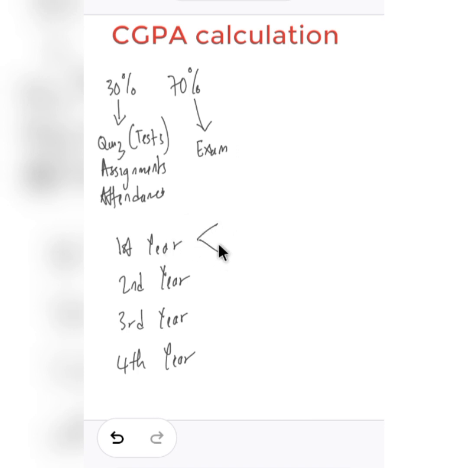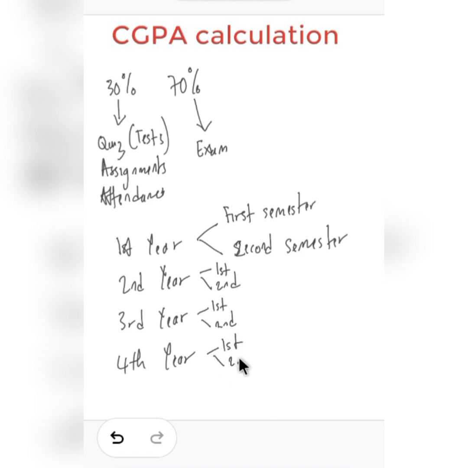Each year is divided into two: the first semester and the second semester. Same goes for second year, first and second. Now, when you get to your third year for a 4-year course, this is where you go for your IT. Your IT means industrial training. You'll get more details when you get to your third year.